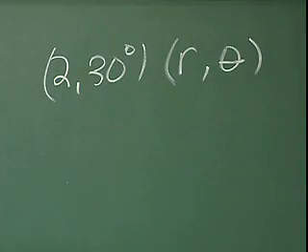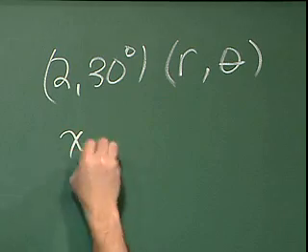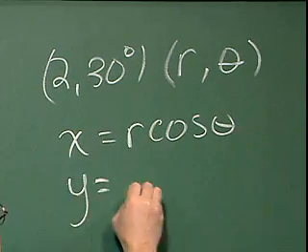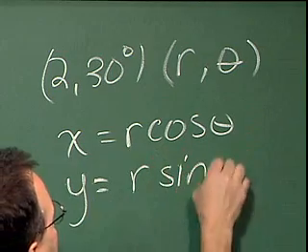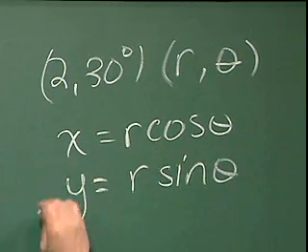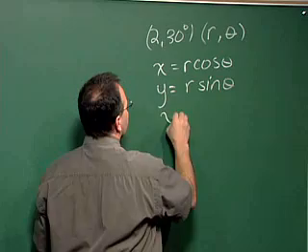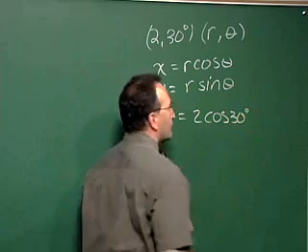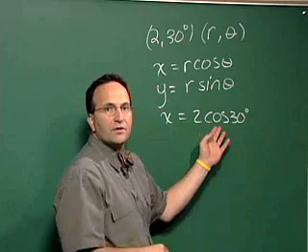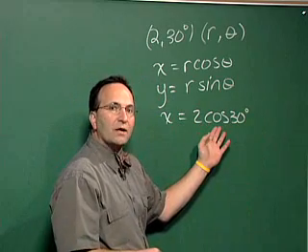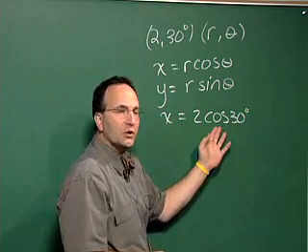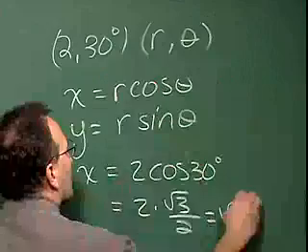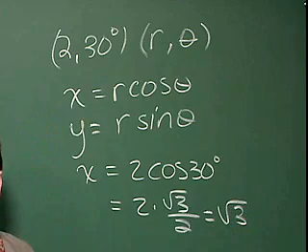And remember that the relationship is that x is equal to r cosine theta, and y is equal to r sine theta, and therefore we have x is equal to 2 cosine 30 degrees. Well, the cosine of 30 degrees, you'll remember, is the square root of 3 over 2. So it's 2 times square root of 3 over 2, which is the square root of 3.